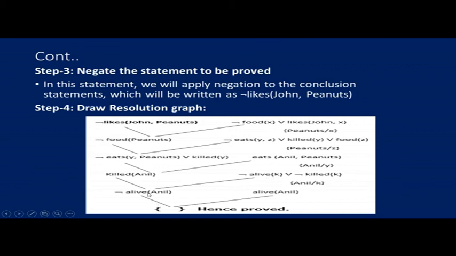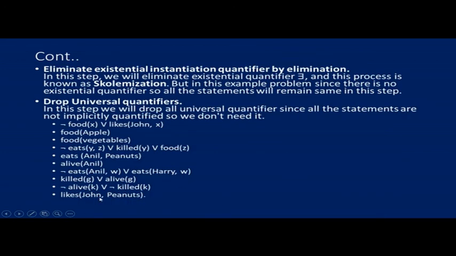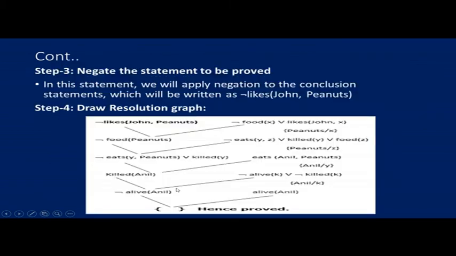So negating anil, replacing k with anil. So what is the negation here? So alive of anil. So here is the opposite contradiction. So we are taking that into consideration, cancelling these two. So hence proved. I hope you are getting it. Thank you.